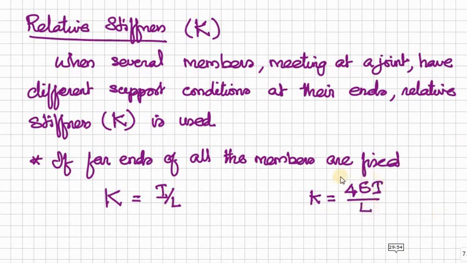So in stiffness we have 4E as the common term, therefore the remaining term is I by L, which is our relative stiffness if far ends of all the members are fixed.